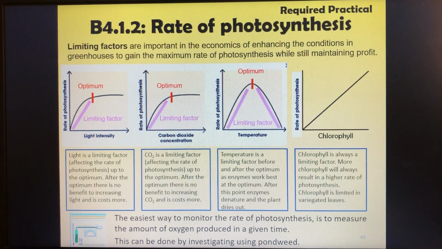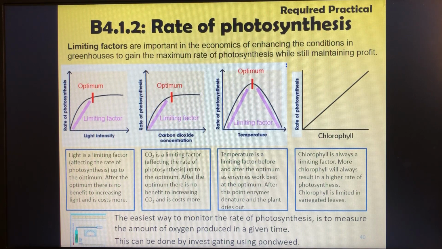And don't forget, we were able to measure the rate of photosynthesis by looking at the amount of oxygen produced, and we can also calculate that as a rate, which we will look at in another time. We'll look at it in one of the other required practicals, showing how we can calculate rate. It's done slightly differently in biology to how it is done in chemistry.